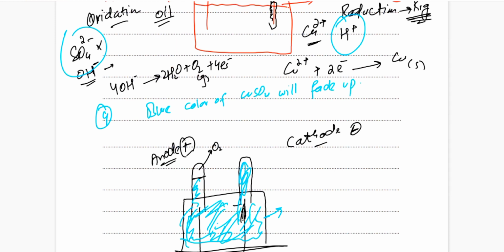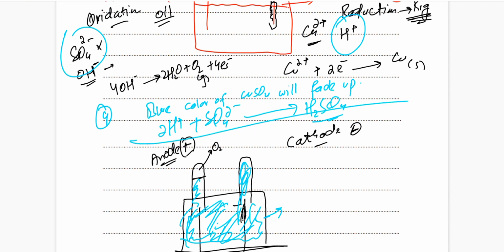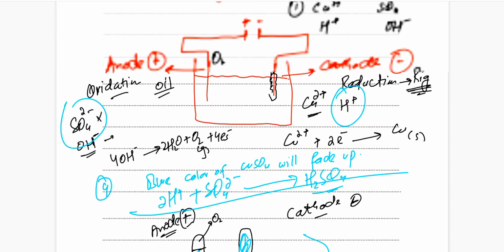Reason is because copper is being used over here, it is no more copper sulfate, so that's why. And equation is 2H+ plus SO4 2-, so H2SO4 will be left. Okay, just diagram had the issue which I have discussed over here. The process, the steps are the same which I told you above.